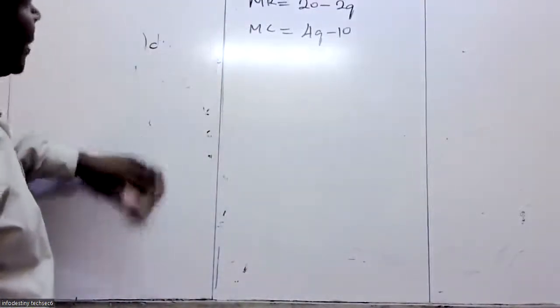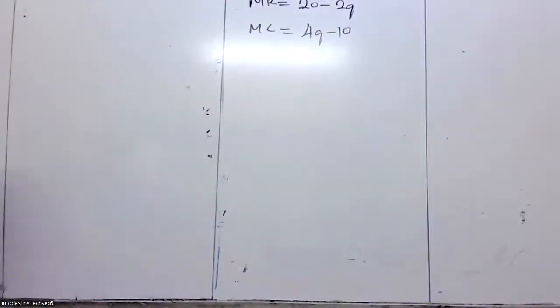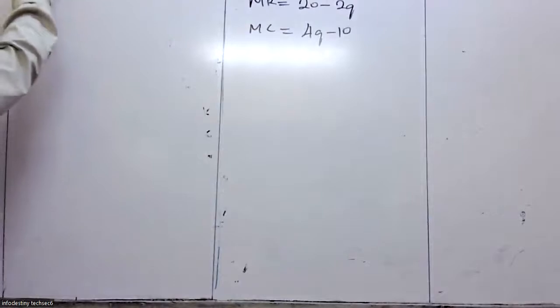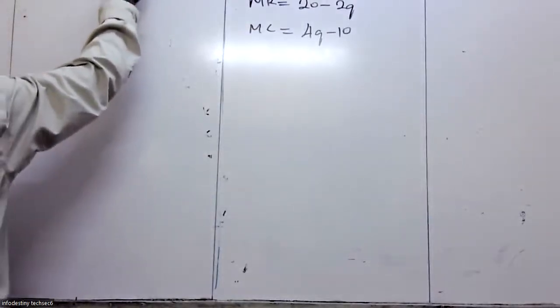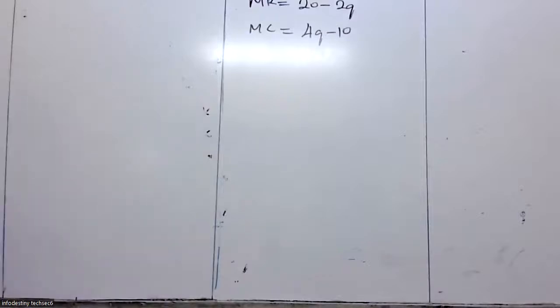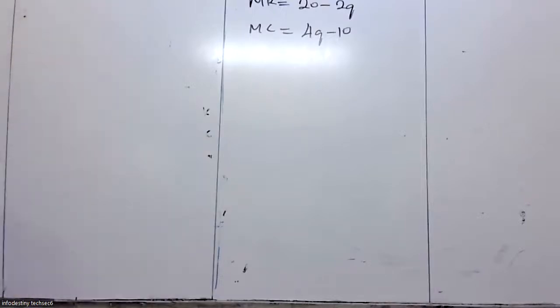Now, let's start by getting the total revenue. Remember, we are given the marginal revenue, which is 20 minus 2Q. When you want to get the total revenue, remember that marginal revenue is the change in total revenue over change in quantity.